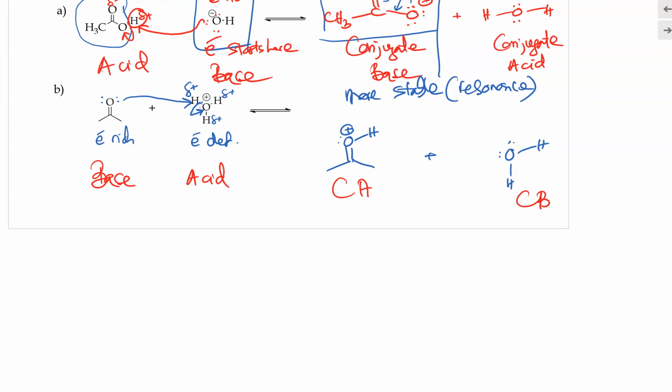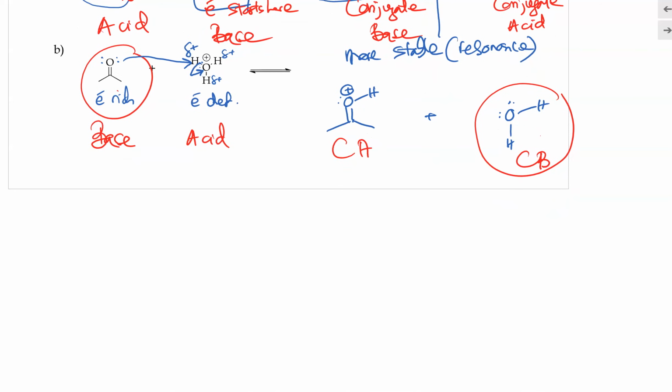So we have to compare the electron stability on the base and the conjugate base. So between these two molecules, which one will be more stable? And in this case, we see the following.